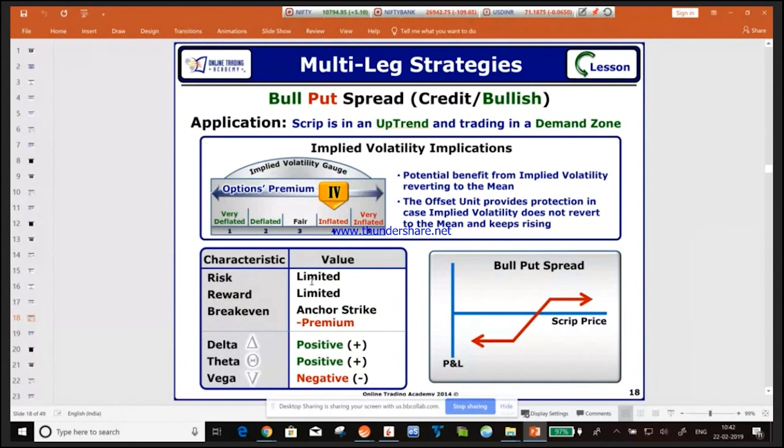Okay. The risk reward characteristics are limited risk and limited reward. Break even is anchor strike minus premium. No, limited risk and limited reward, not high risk and low reward.